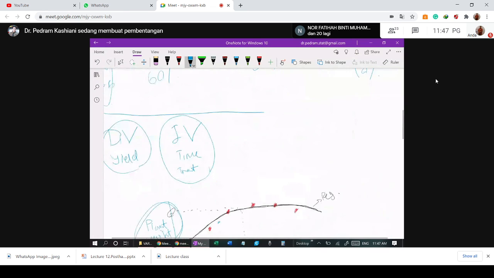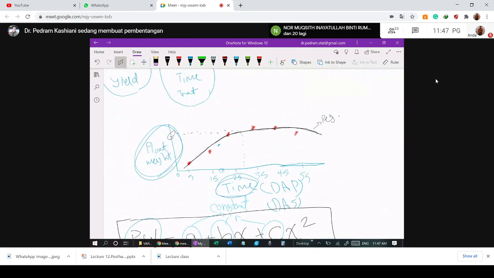If my data is like this, can I use linear regression? Yes, you can use a line like this. This became your line. But this line is not as good as the black line. Why? Because the black line is much nearer to the real points. That's why there is something in regression we call R square.